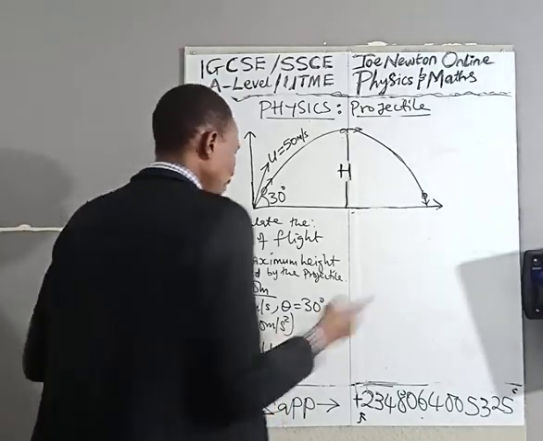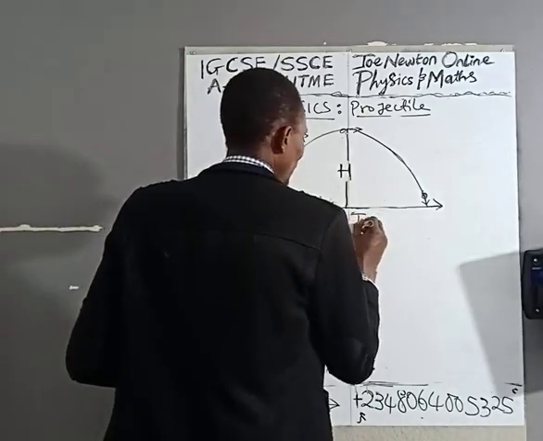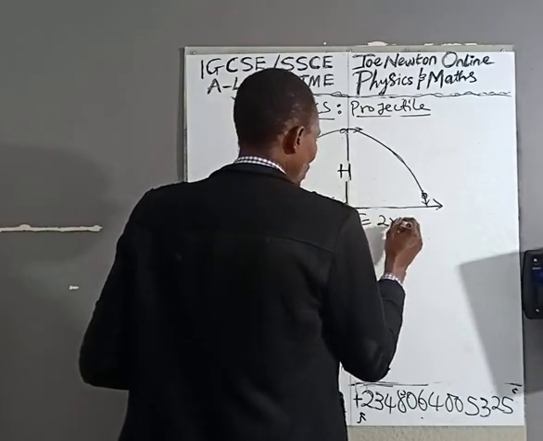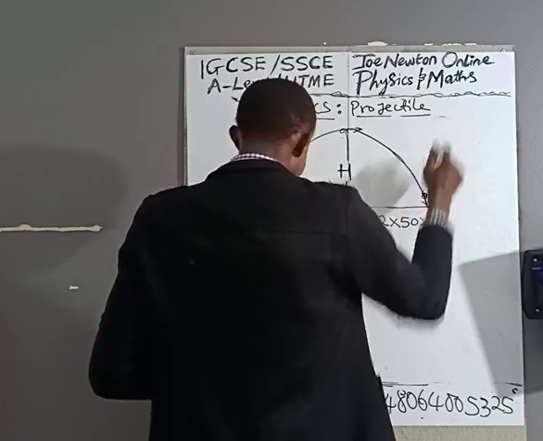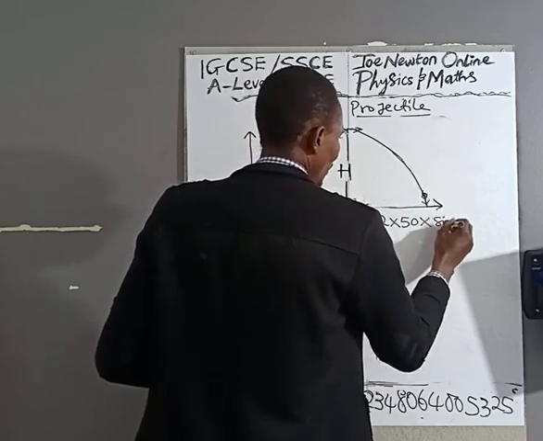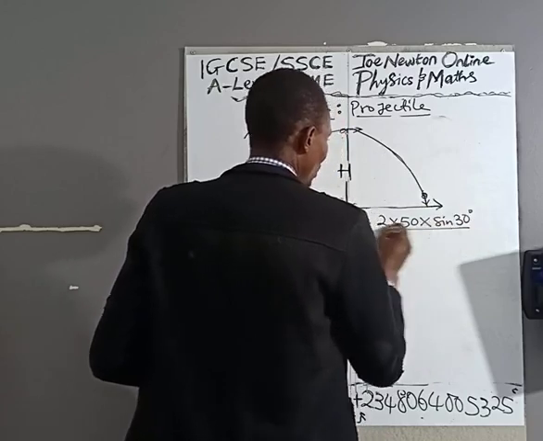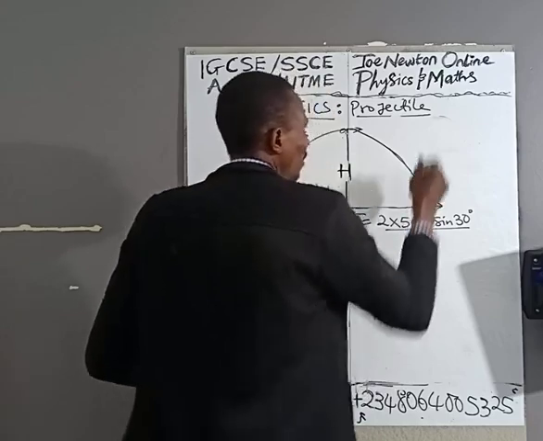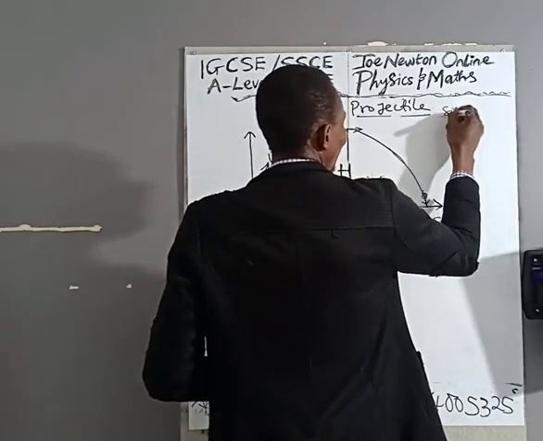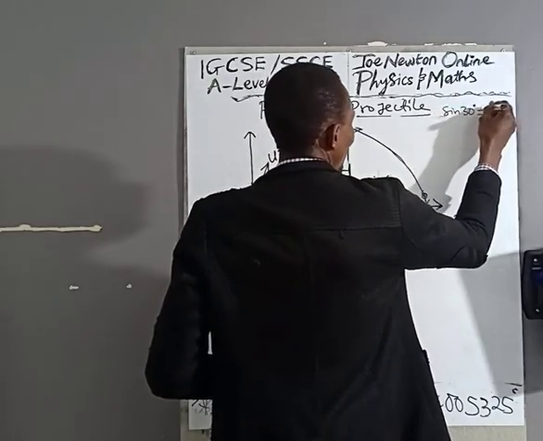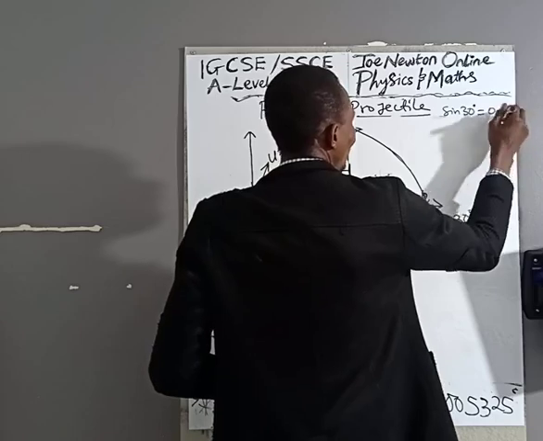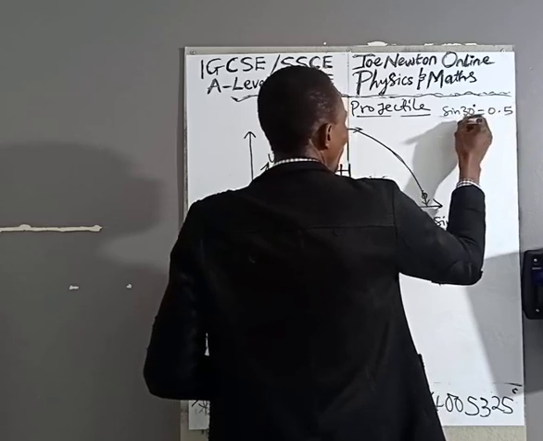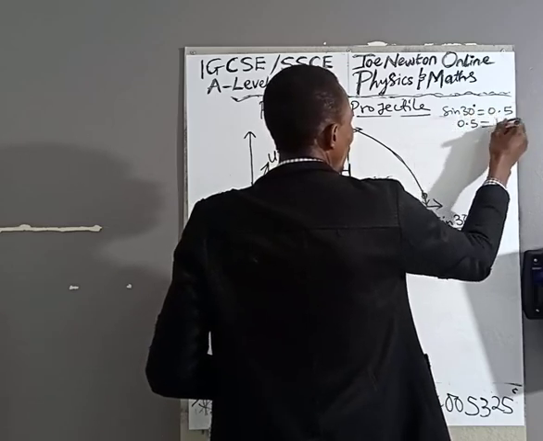Good. Okay. T is equal to 2 times our u, which is 50, times sine 30 degrees, all over 10. But sine 30 degrees is equal to 0.5, and 0.5 is equal to 1 over 2.